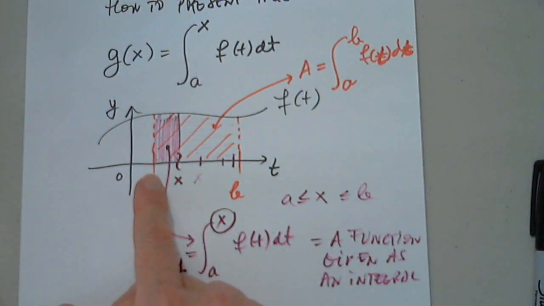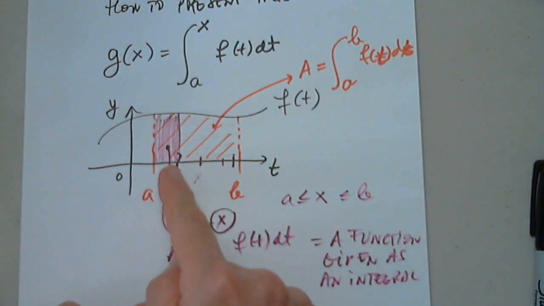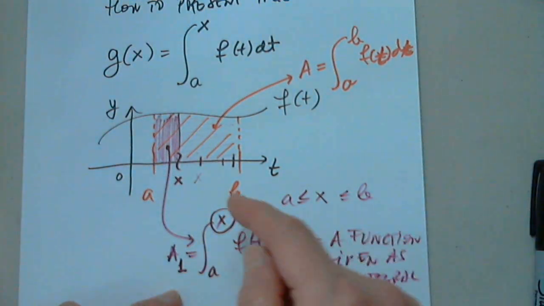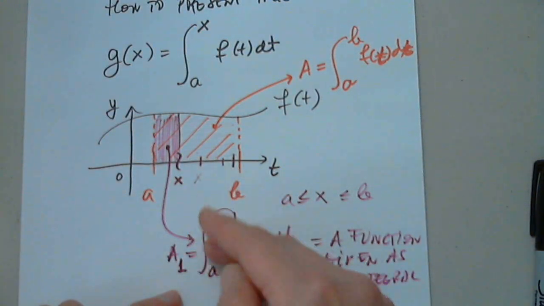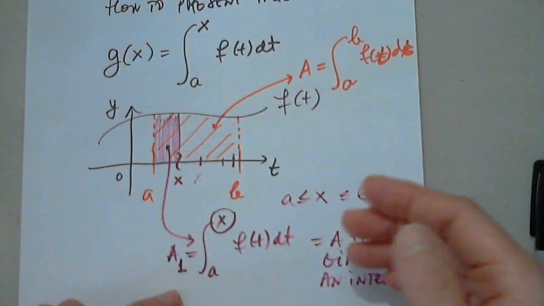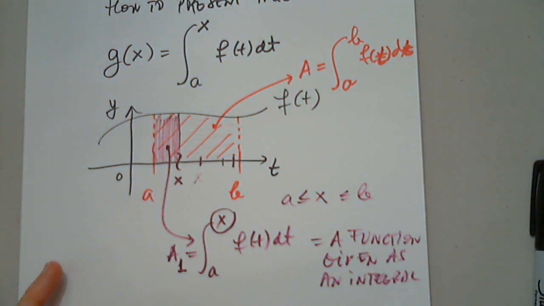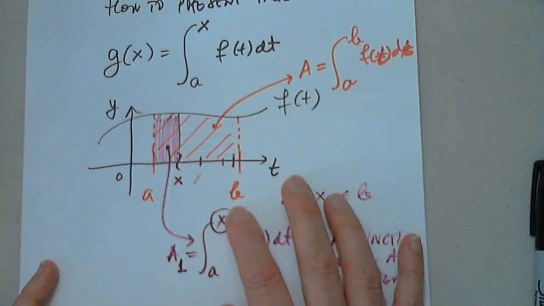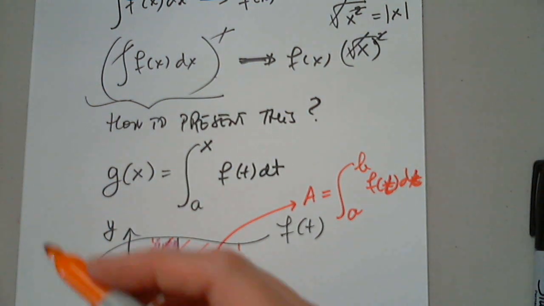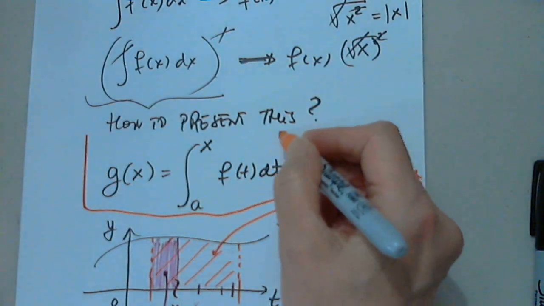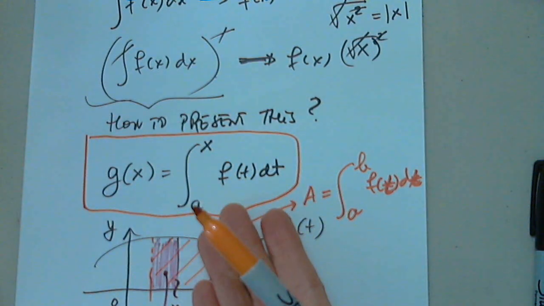Because if I have x equal to a, then I get 0. If I have x here, then I get 10. If x is here, then this will be 15. If x is here, then this integral will be 25. I'm just picking numbers, right? So this is a function given in the form of an integral.